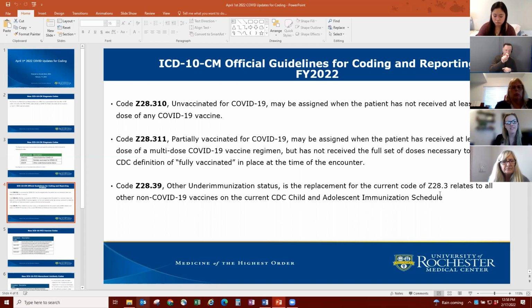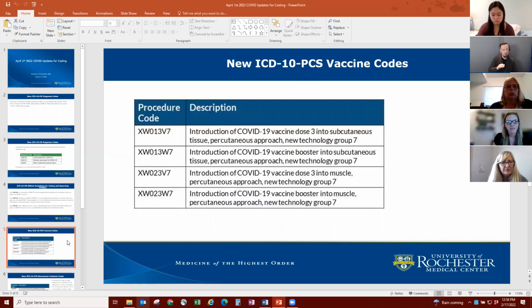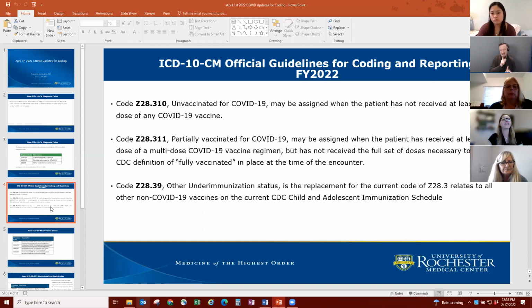All other non-COVID vaccines, or their current status, we don't know where they're at. You're right, Lynn, it doesn't address it. You're just going to assume they're under vaccinated then. They could be totally vaccinated. We just are either unable to determine it because they can't tell us or they won't tell us.